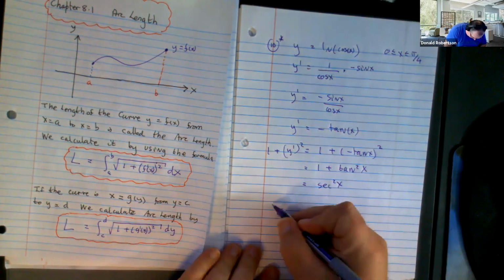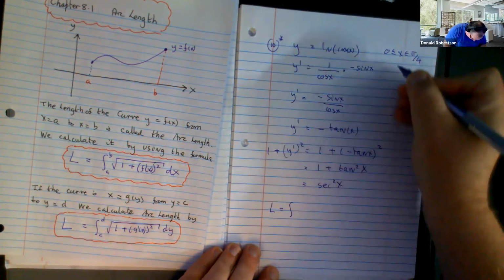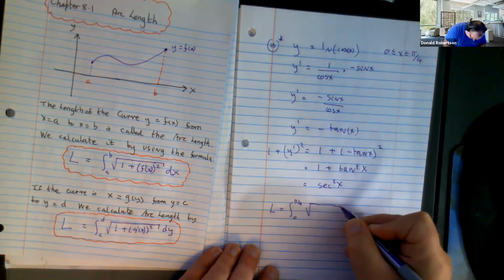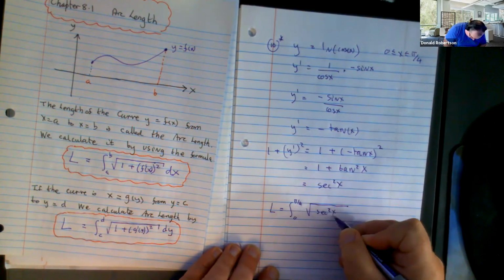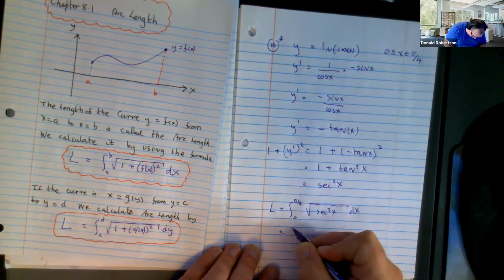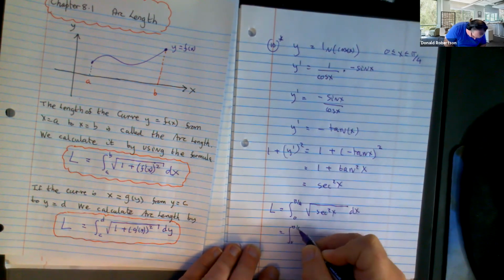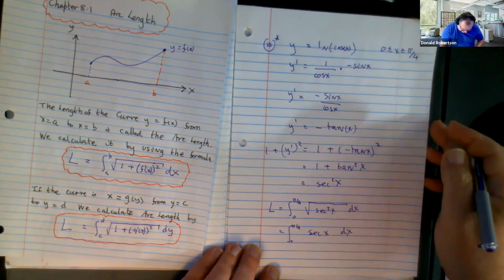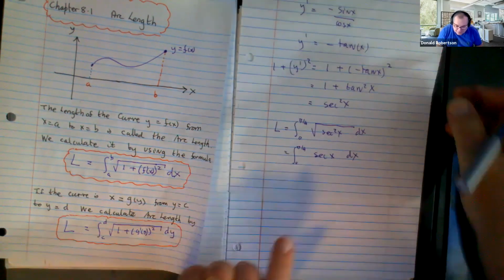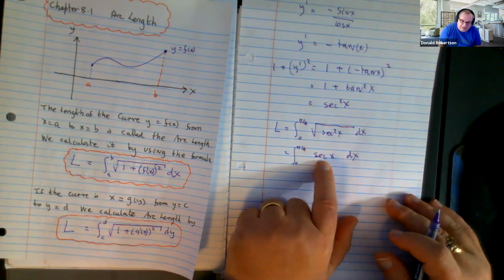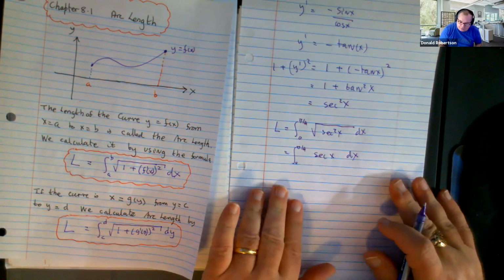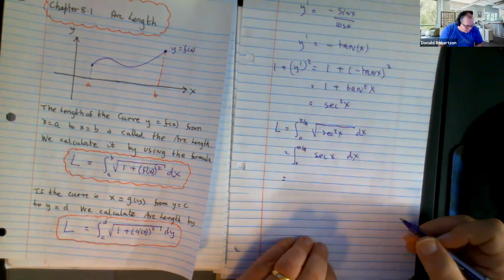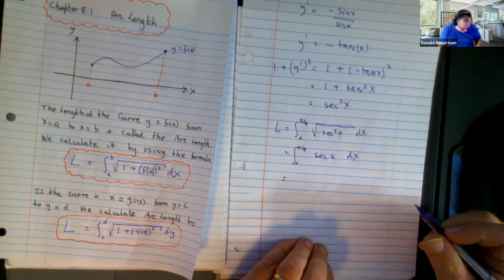So our arc length is going to be the integral from 0 to pi upon 4 of the square root of this guy, dx, which becomes the integral from 0 to pi upon 4 of secant x dx. And this guy, technically speaking, belongs to the I-have-a-good-memory-but-I-don't-think-we've-ever-done-him category.